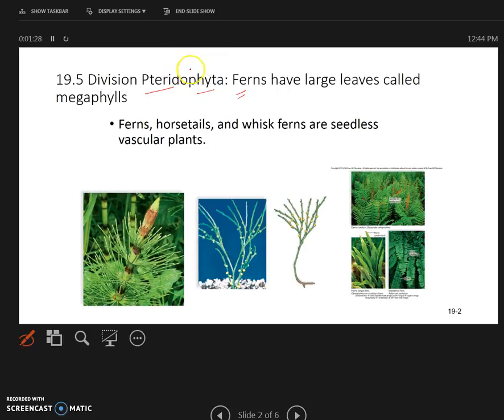Even before we go on to pteridophytes, let's look at what was going on before. Before this we had covered what? We had covered division, what? Bryophyta. And Bryophyta, if you remember clearly, these were non-flowering plants. They had no flowers.